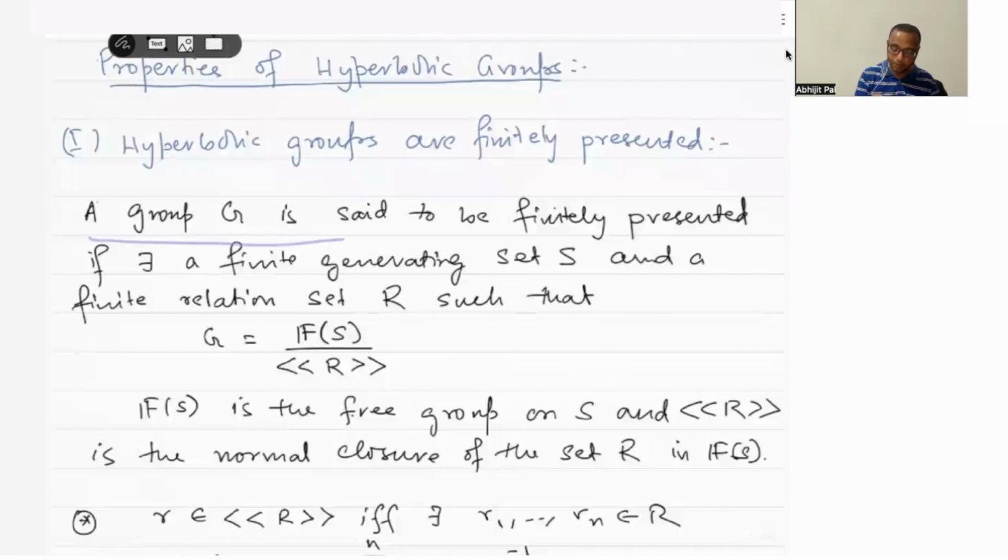A group is said to be finitely presented if there exists a finite generating set S and a finite relation set R such that this group is the quotient of the free group generated by S, and in the denominator, the normal closure of the set R, where R is a finite set.